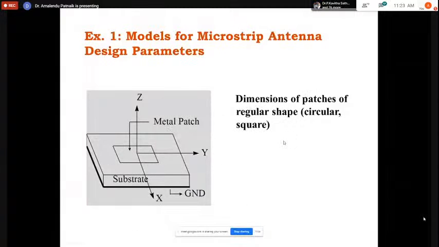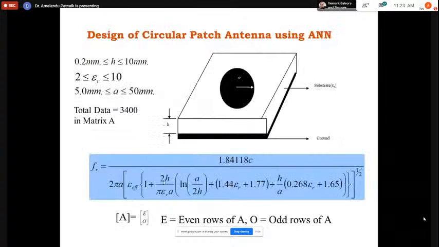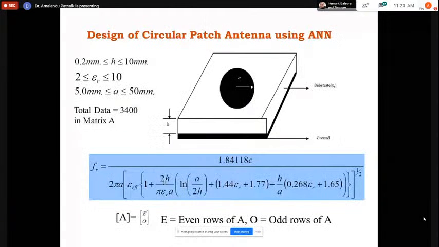You need to find out the dimension of either the rectangular or the circular patch. For example, if you want to find out the radius of this circular patch antenna for the antenna to work at a particular frequency, what are the steps?